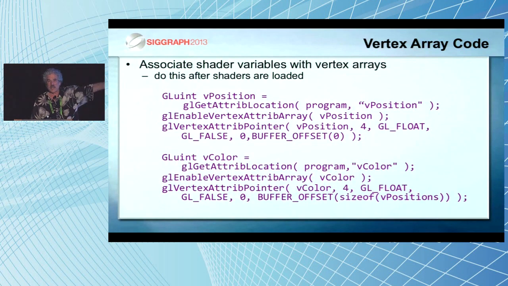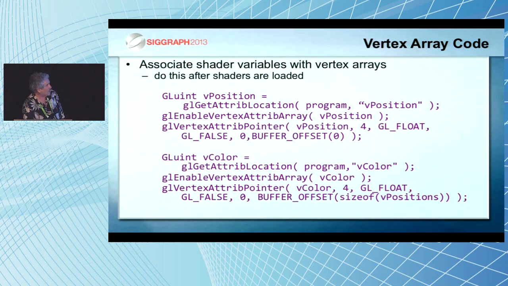I can call this anything I want, because the one on the left is a variable name in my application program. The one on the right is a name in my shader program, so they're independent. This is just saying when you see this one, you should refer to this one. But we find it more convenient to use the same names.